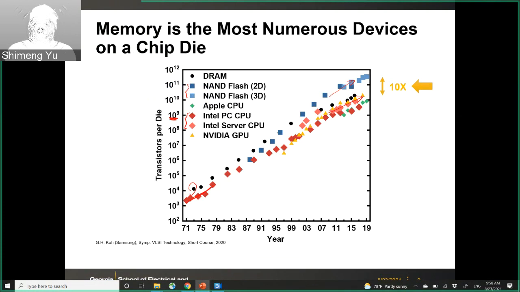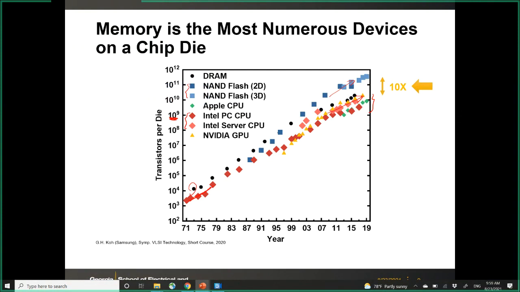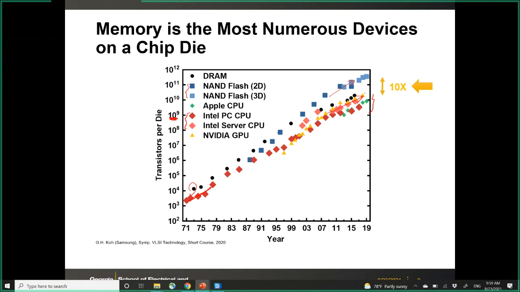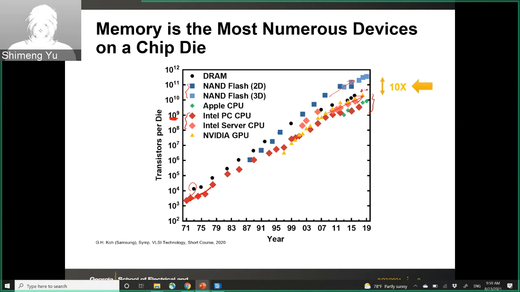This applies to all kinds of CPU and GPU. And DRAM is a little higher than that, I believe. So the highest density is the NAND flash.